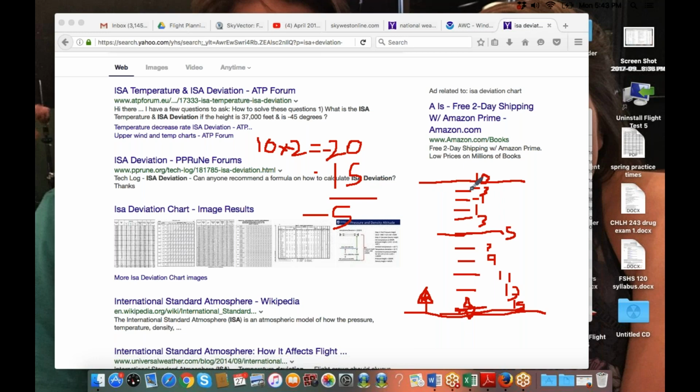So if it were actually up here at 10,000 feet, we'll just put K for 10K. If it were actually, let's just say negative 10 degrees up there.